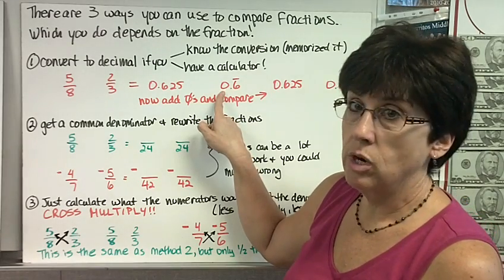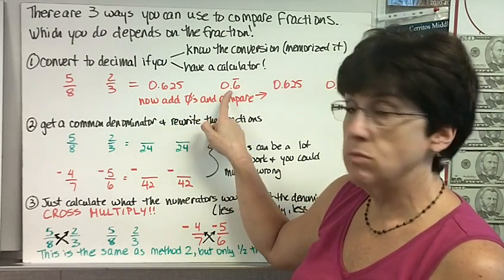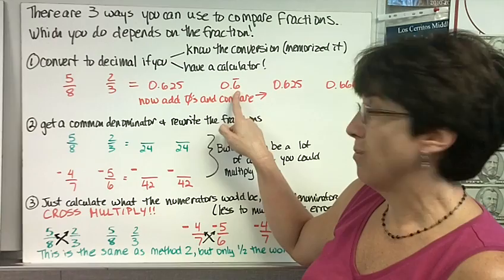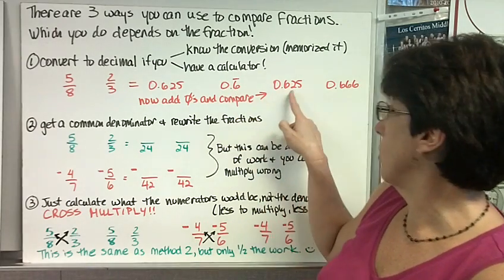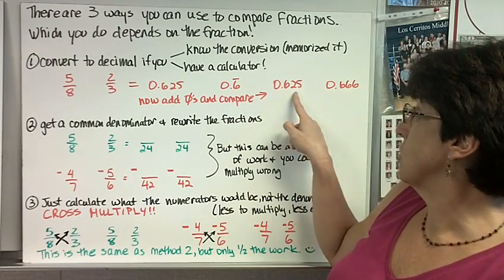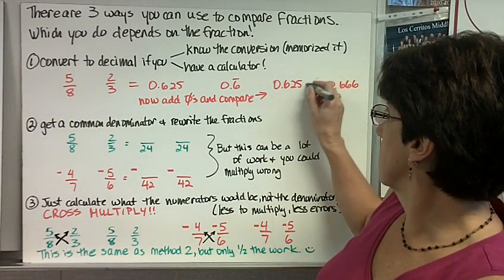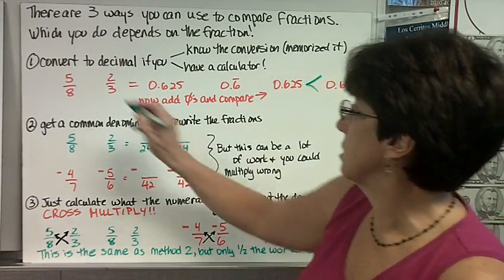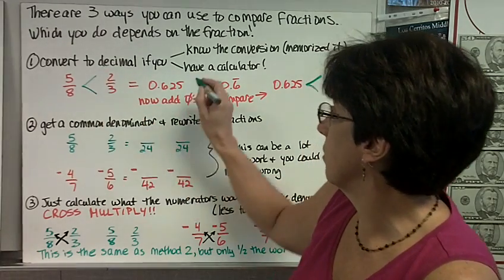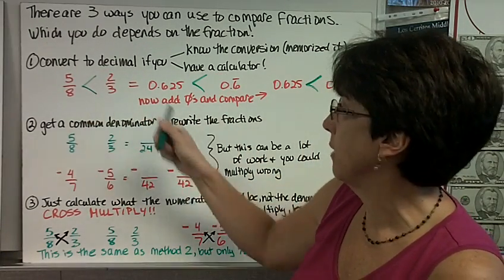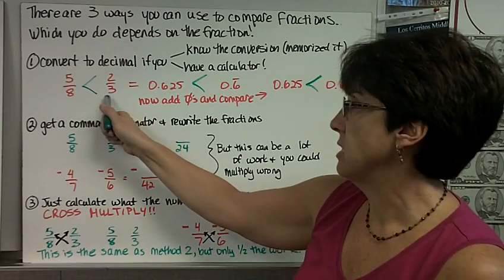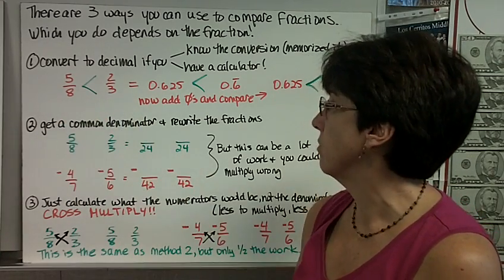Now I'm back to where I was on the other slide. I need to add some zeros or compare. This time it's repeating, so I'm just going to add the 6s. 0.625, 0.666. Which is bigger? 0.666 is bigger. So that means this is bigger. It's all the same problem.